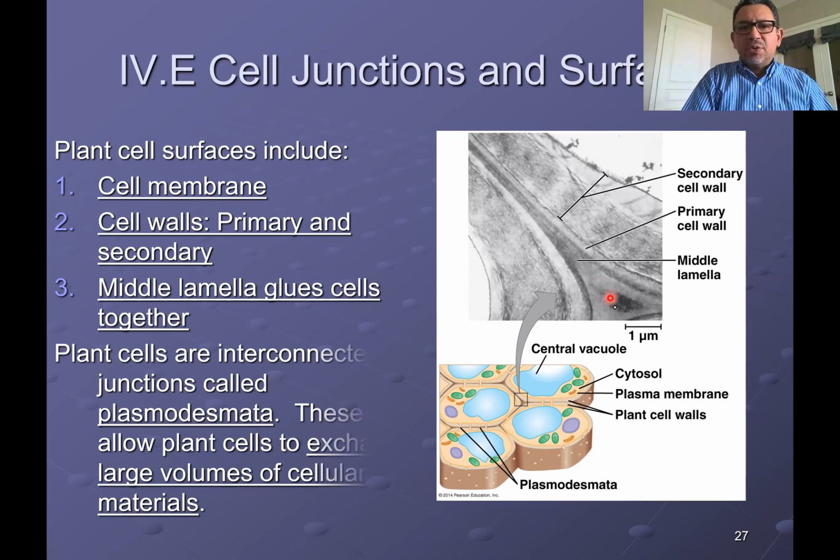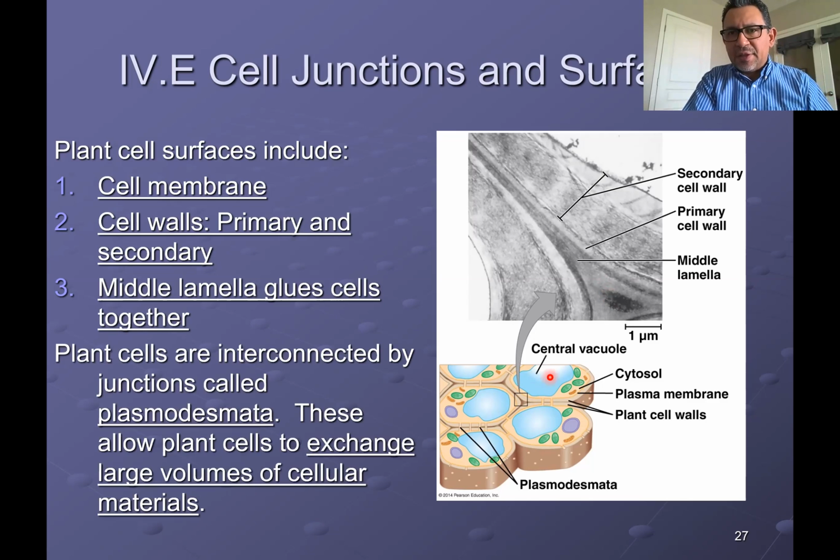In addition to those external surfaces, between plant cells that are forming a tissue, there are going to be also these tunnels. Imagine these like a perforation that goes from one cell straight into the cytoplasm of another cell. I'm going to enlarge the image.